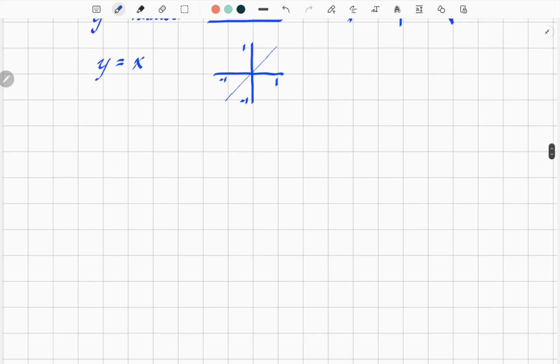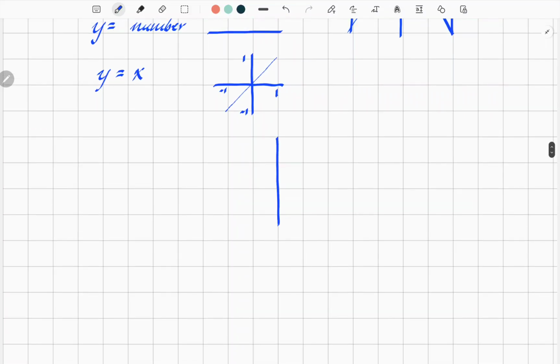And I'll illustrate that on an actual set of axes. Hope the screen doesn't slip while I'm doing that. All right.